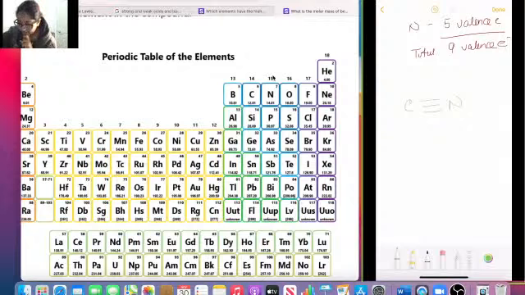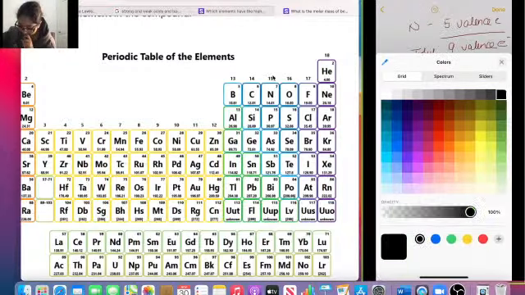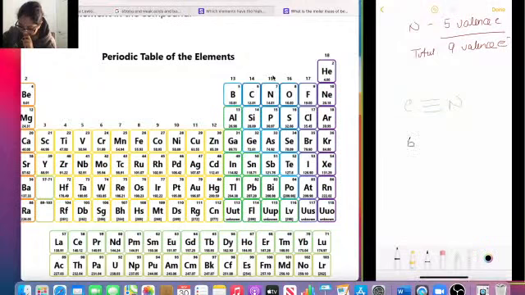And so we have 3 bonding pairs, so we have 6 electrons bonding in a triple bond.